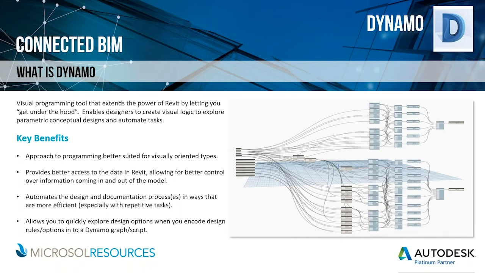Now, a large portion of the Dynamo community is focused on how visual scripting can be used for computational design and complex form finding. There is also a large contingent using visual scripting to bridge the gaps in everyday workflow using Revit. Dynamo can be used for many things, but I want to focus mostly on automating tasks here today.